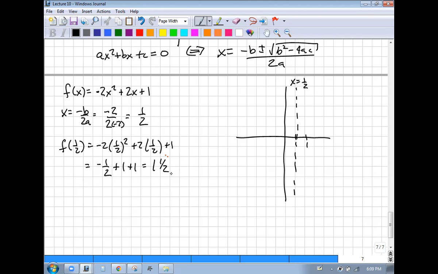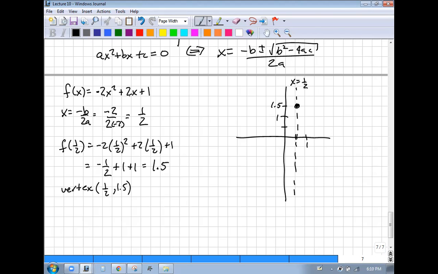So my vertex, I knew the x value was at a half. That's my axis of symmetry there. And I found out my y value is 1.5. So over here at a half, I go up. If this is 1, this would be 1.5. So boom, there's my vertex.